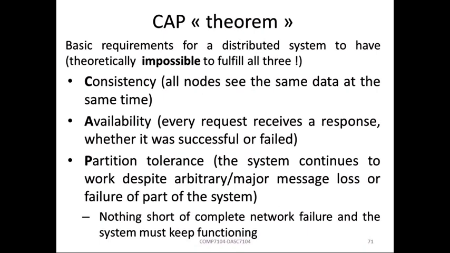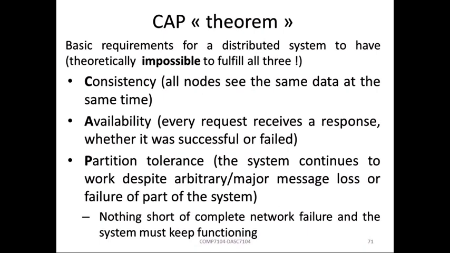So basically, this postulate says that, with respect to network partitions, which are major failures that may cut, for instance, in half a distributed system, separating the nodes from one half from the nodes of the other half, this is what partition failure means.